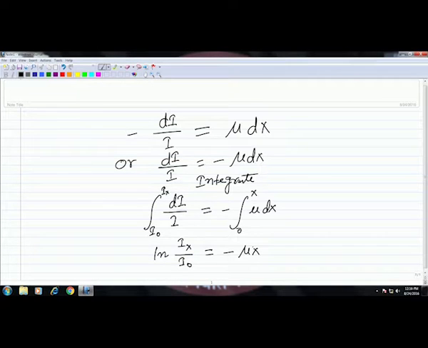From this you can write that I x by I naught is equal to e to the power minus mu x. And now, this will be the basis of radiographic testing. As you can see from this equation, the X-ray energy decreases exponentially with the thickness of the material.